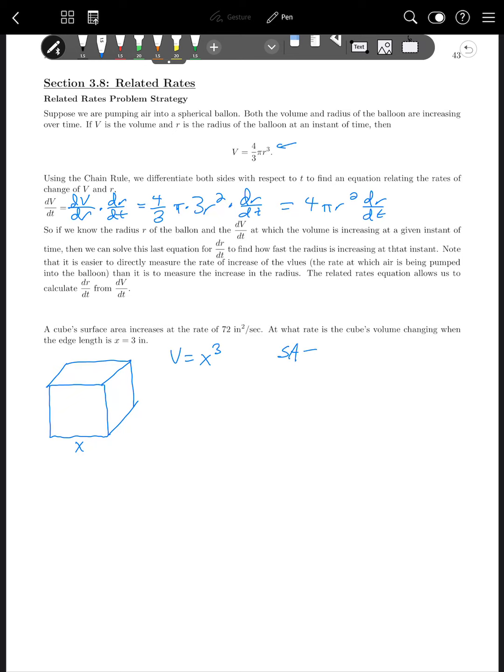The other thing we know is that we want to do this when x equals 3. And the last thing we know is that we're looking for the rate at which the volume is changing, so dV/dt is our unknown, the thing we're looking for.